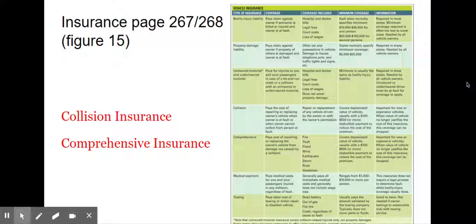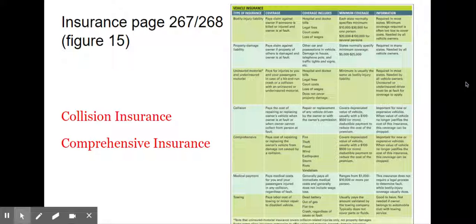Okay, so there are different things that cover different things. It's why a lot of people choose to bundle all their insurance into one company so that the company can work out where it comes from. But your big things to think about, you have liability that's going to pay for someone else, collision paying for your car damages, and comprehensive if it's not the result of an actual collision.